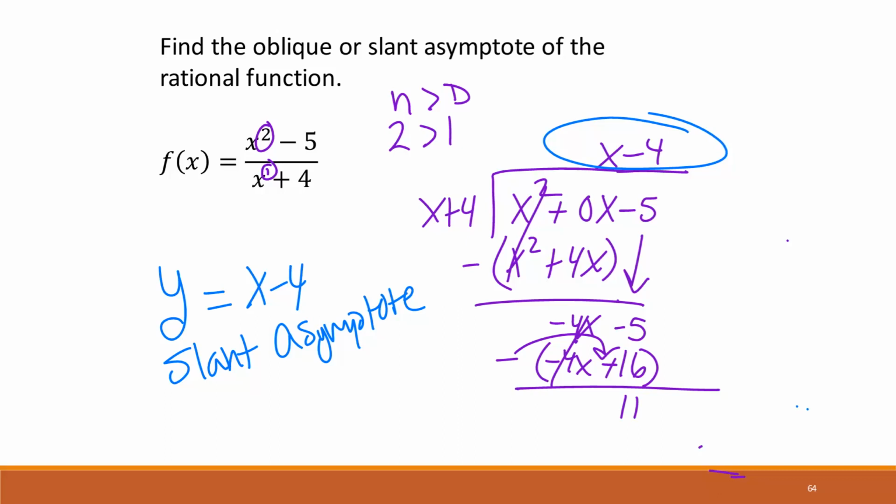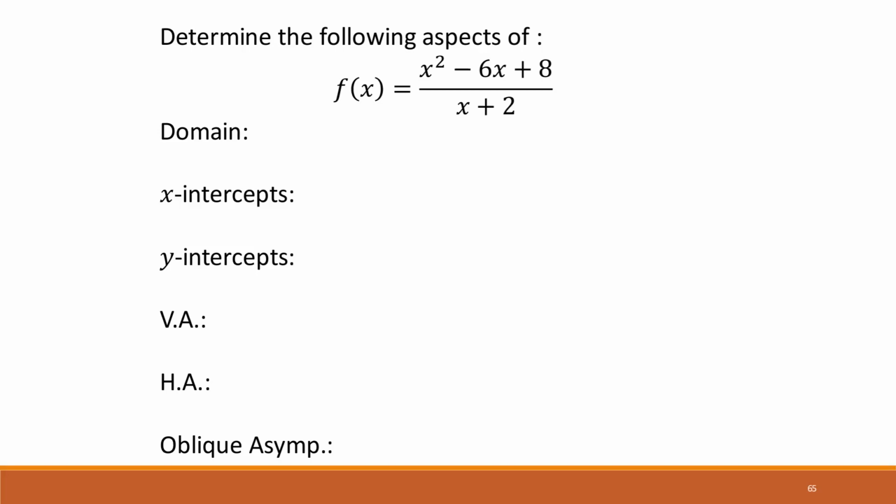All right. So let's tie this all together in a problem. First we need to find the domain. Remember, for domain, you set the bottom equal to 0 and you solve.